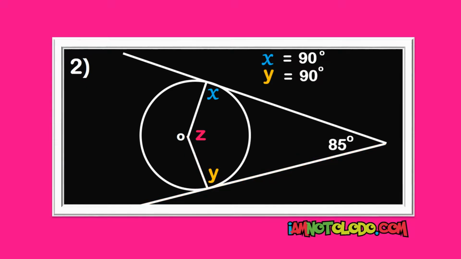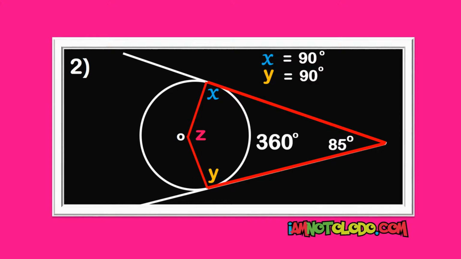If you look at this diagram very well, you will notice that this is a quadrilateral. 1, 2, 3, 4. It has 4 sides, so it is a quadrilateral. So what it means is this plus this plus this plus this must equal 360 degrees because the sum of angles in a quadrilateral is 360 degrees.